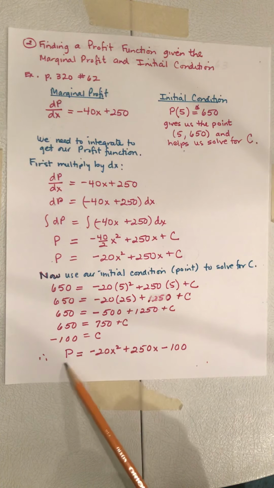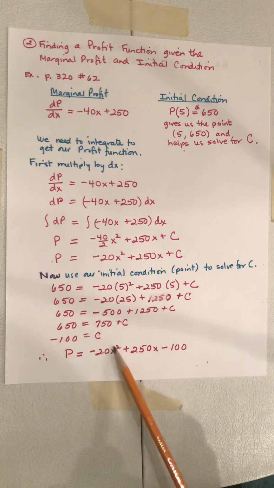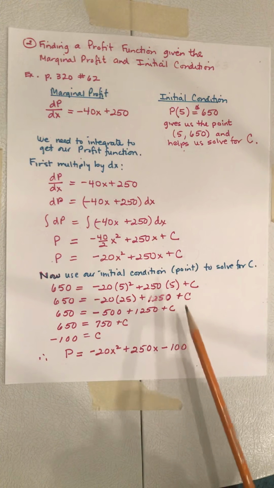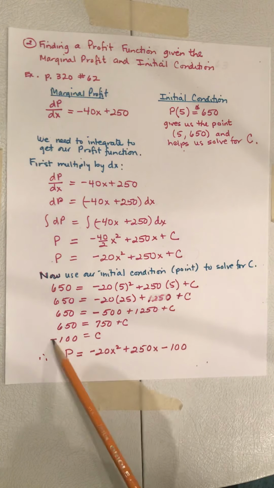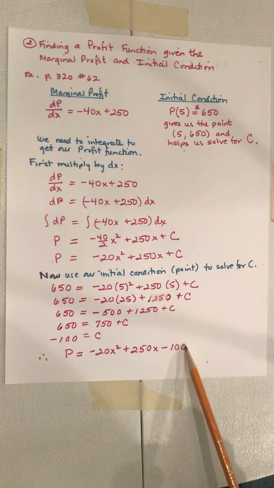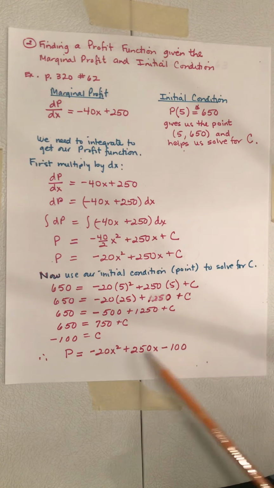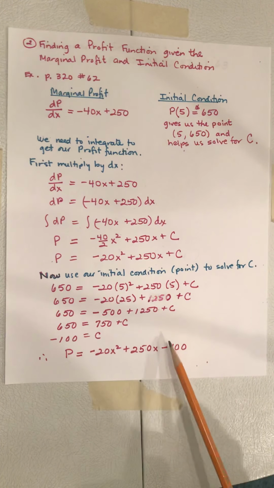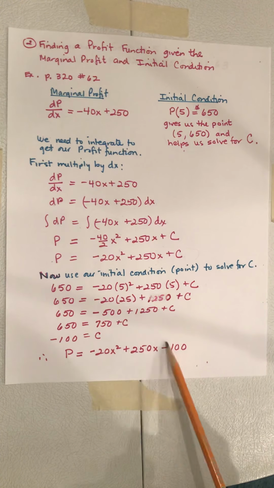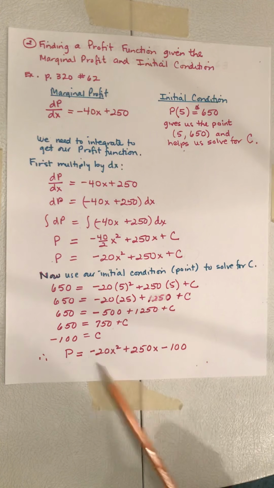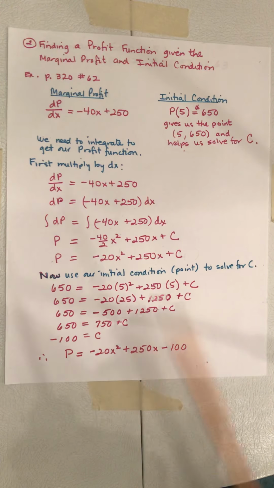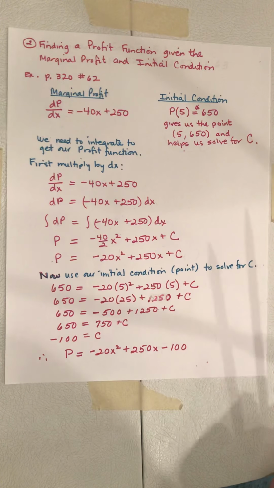So our profit function is negative 20x squared plus 250x plus C, but now that plus C is minus 100. That means if we want to know what our profit's going to be based on this equation, we just have to put in the number of units produced, which is our X, and calculate this out, and it will give us our profit. Okay, I hope that made sense to you.